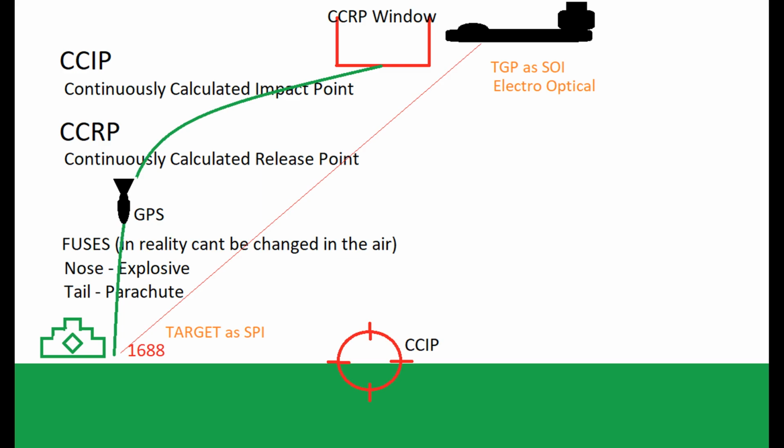Now when it comes to the CCIP and CCRP mode, you can release a ton of weapons in both of those different modes. Some of them don't work, but take for instance the rockets. You can release rockets in CCRP mode. Now they're very ineffective. They spread out.